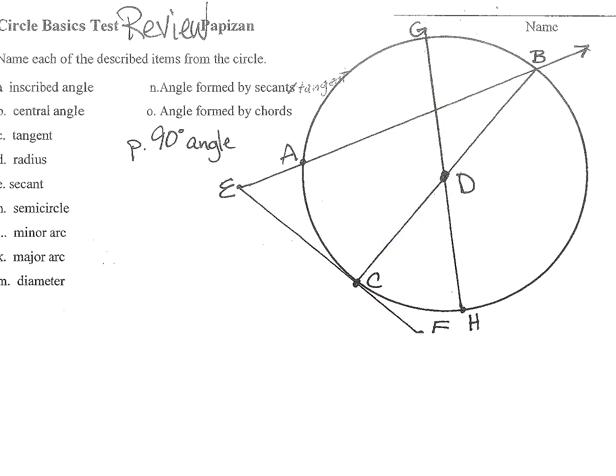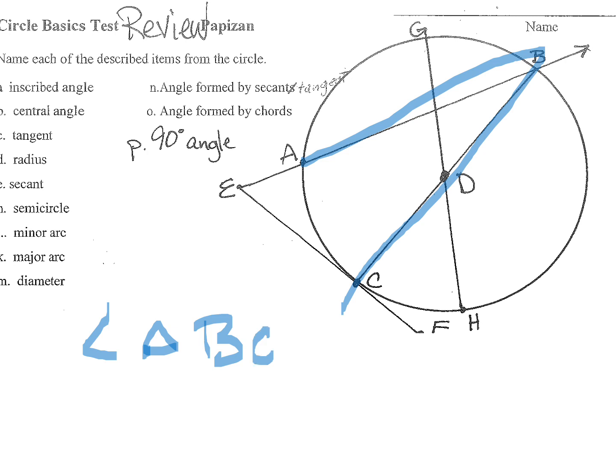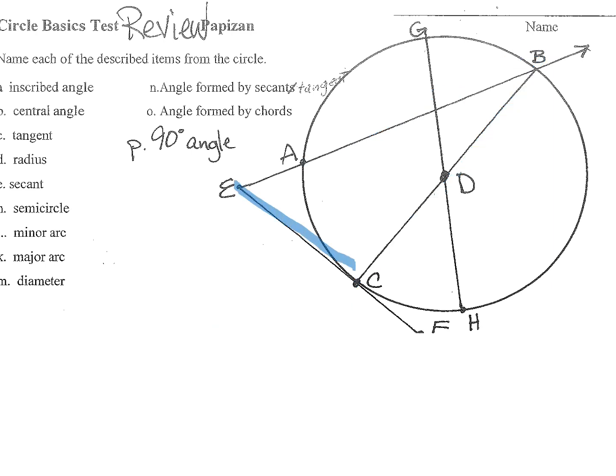So let's just go through. Where are my inscribed angles? They're going to be on the edge, and there's several of those on here. So angle ABC would be one. The ones that are treated like it, ECB, technically treated like it, but it's not really called one.